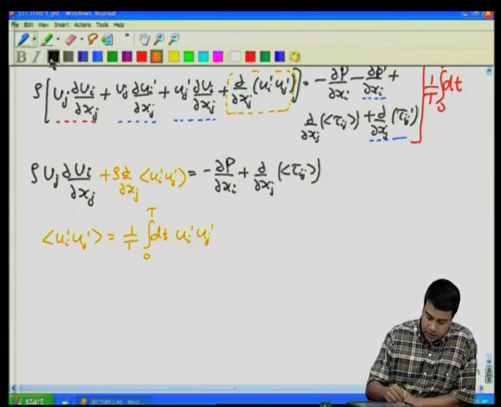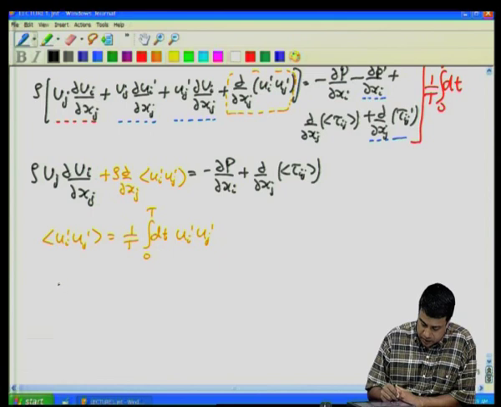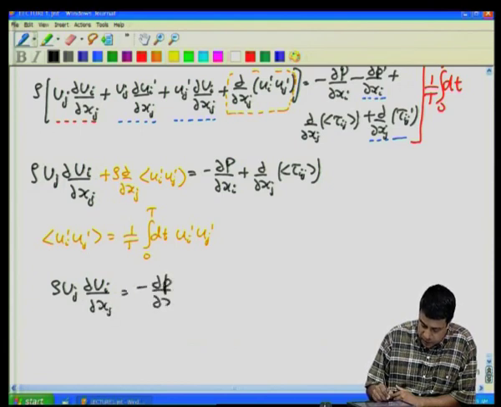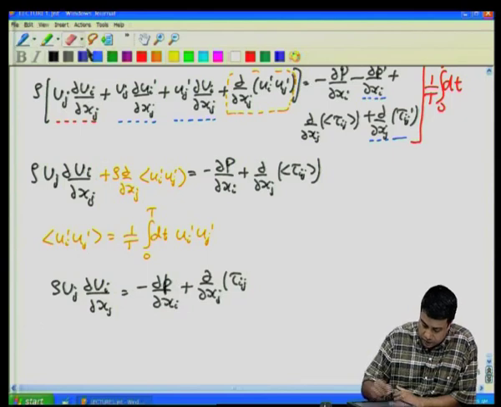I can rewrite the equation a little bit and write this: ∂/∂x_i plus ∂/∂x_j of tau_ij, the average value of the shear stress.